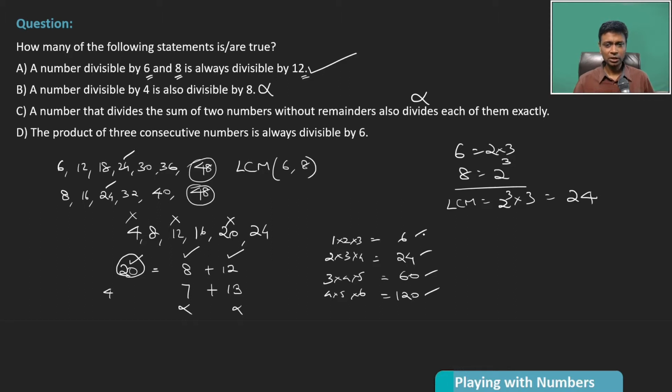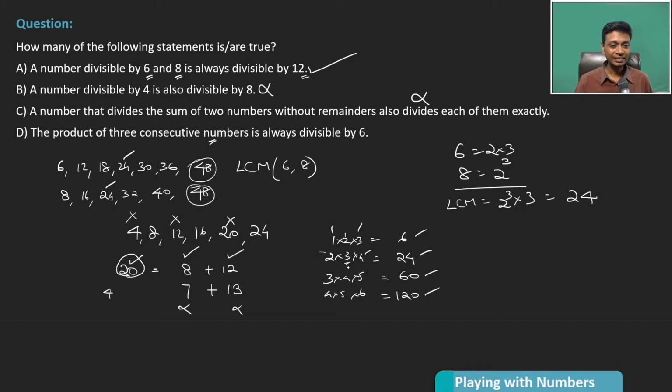So now let's assume it is true. Let's see if we can prove that it has to be true. Product of 3 consecutive natural numbers is always divisible by 6. I've assumed natural numbers. Among 3 consecutive natural numbers, either two are odd and one is even, or two are even and one is odd.